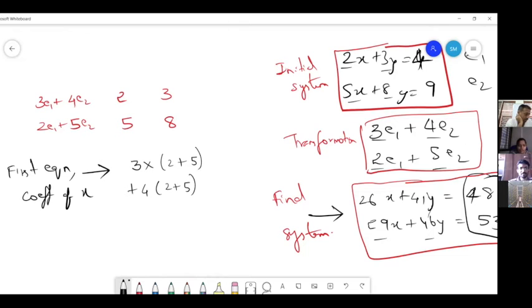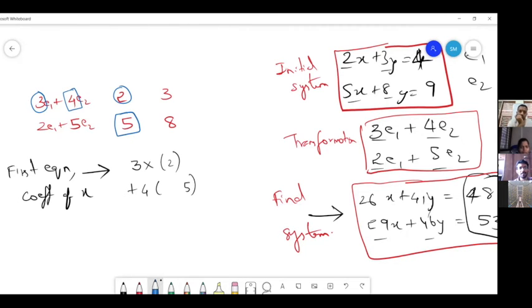It is just 3 into 2 plus 4 into 5. Right? 3 into 2 plus 4 into 5.